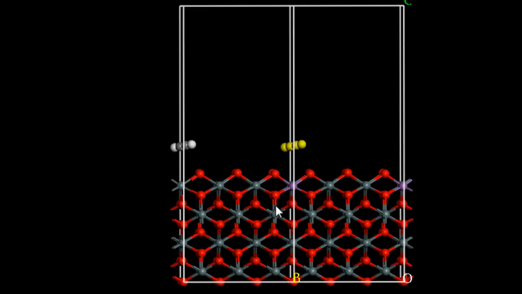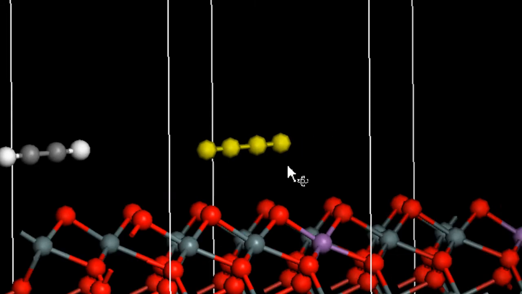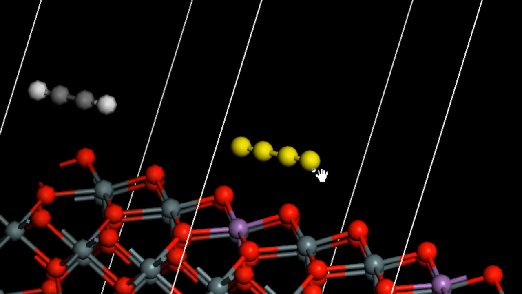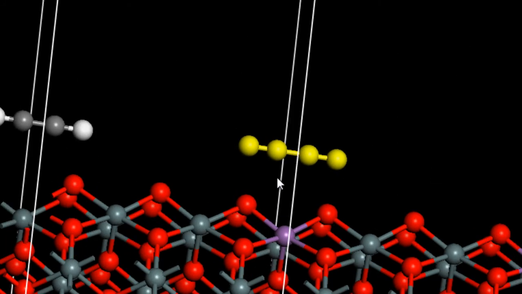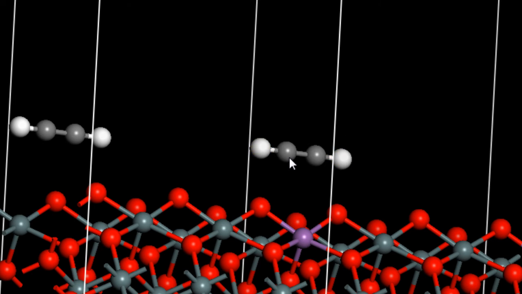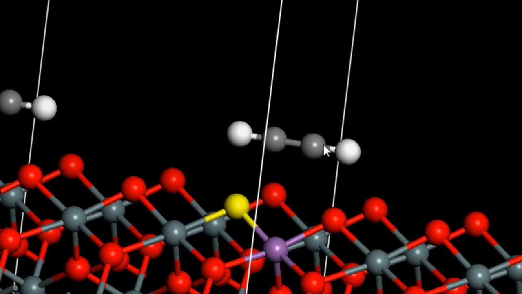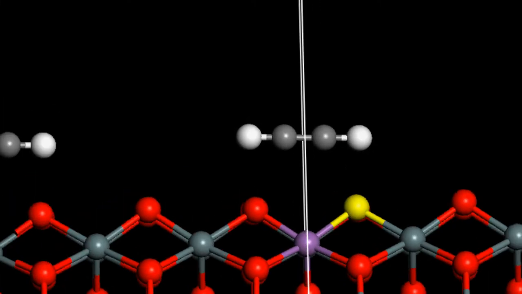Alright, and I'd like to adjust the molecule so that I can start off with a relatively reasonable state of adsorption. Okay, so what I like to do is I like to target the interaction between this carbon and this oxygen, and this carbon with this oxygen, as shown in the video just now.